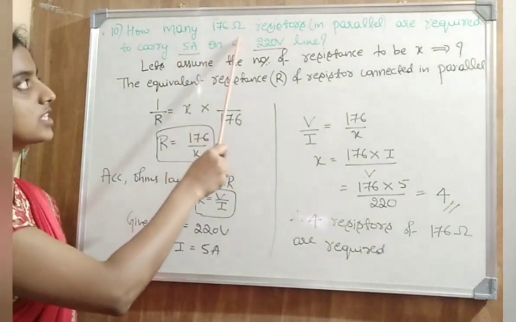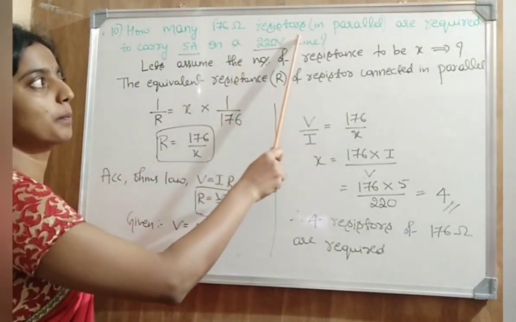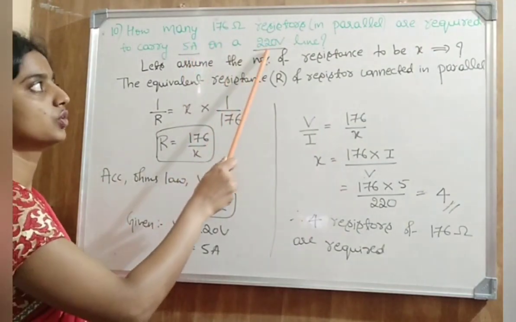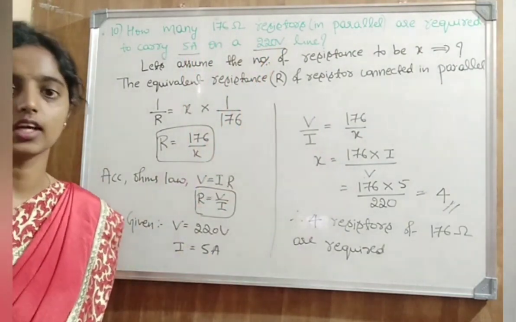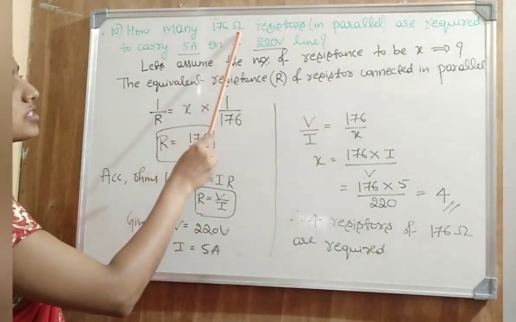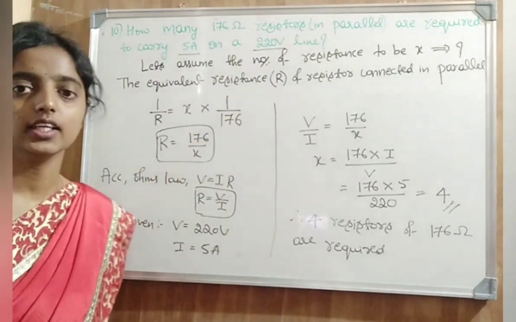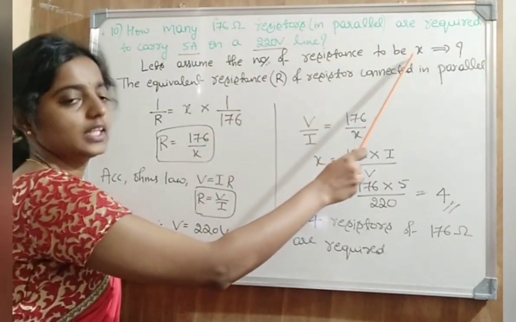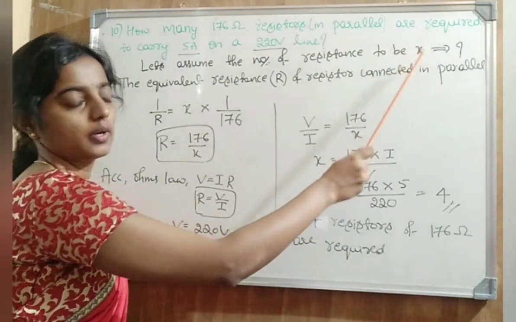How many 176 ohm resistors in parallel are required to carry 5 ampere on a 220 volt line? See, here we need to find how many 176 ohm resistors are connected in parallel. Let us assume the number of resistors to be X, which we need to find out.